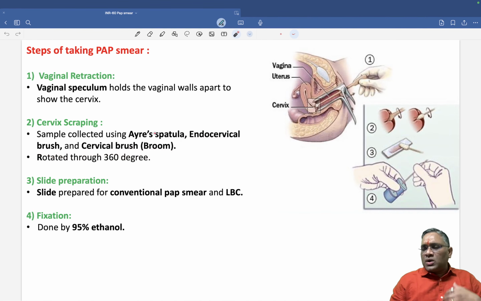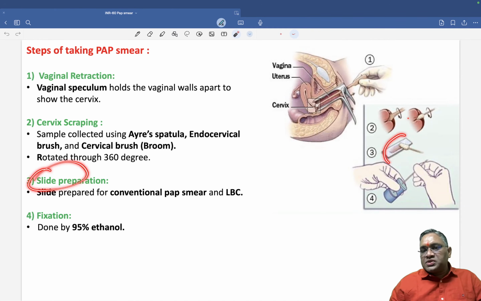If you are planning a conventional smear, you use the Ayers spatula and endocervical brush. If you are going for liquid based cytology, you use the cervical brush. Whenever you use these, you have to rotate them 360 degrees. You can see we are using 360-degree rotation for the spatula, and then we make a slide.